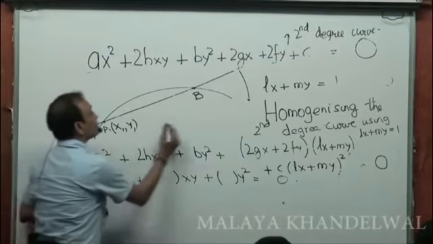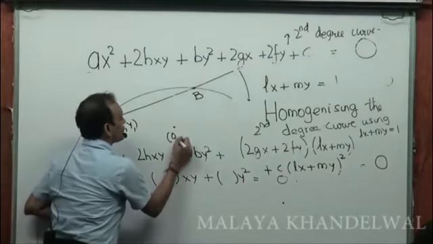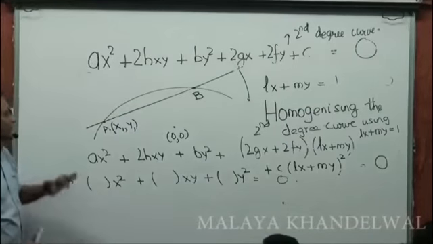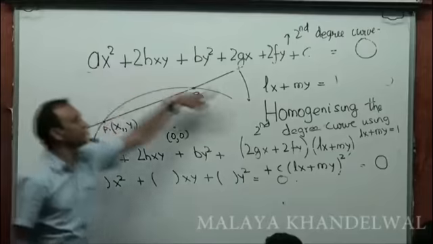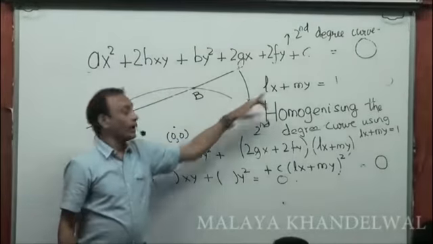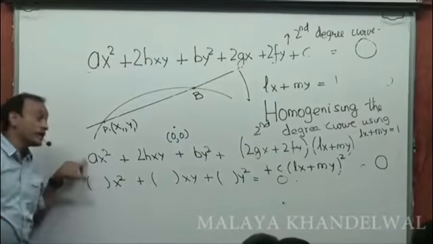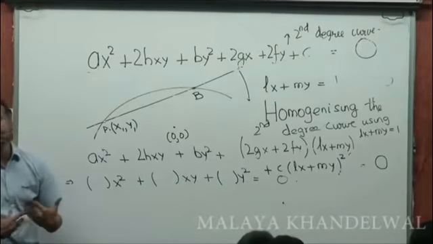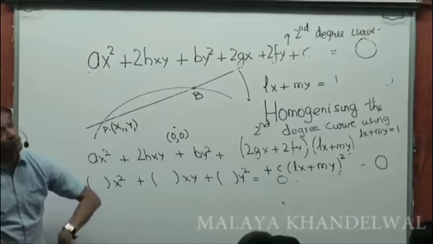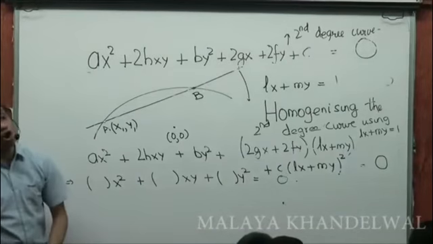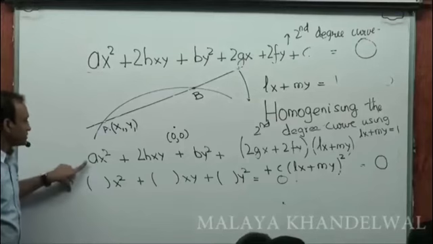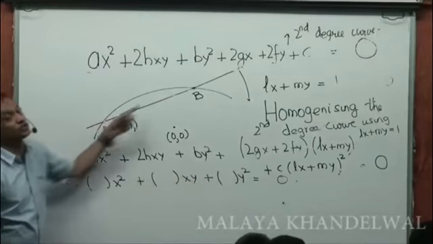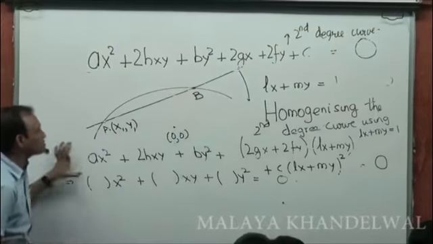That means, if O is the origin of coordinates, then on homogenizing a curve with a line, I get this curve, and this curve must pass through A and B, and it will also pass through O. It's a pair of straight lines passing through O, but this is also a pair of straight lines passing through A and B. Therefore, what does this represent?